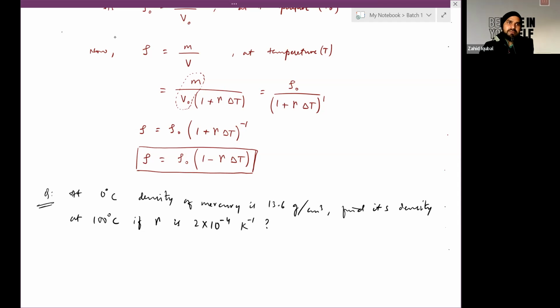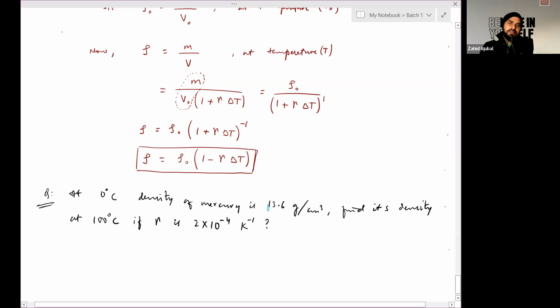Try to solve using the above part. 13.6 is its initial density, that is rho naught. 2 into 10 to the power minus 4 is gamma. And change in temperature, we have 100 degrees Celsius. Just put all the values and simplify it.